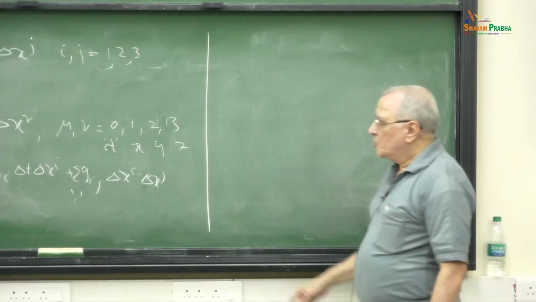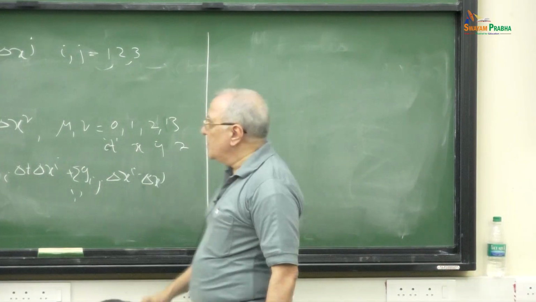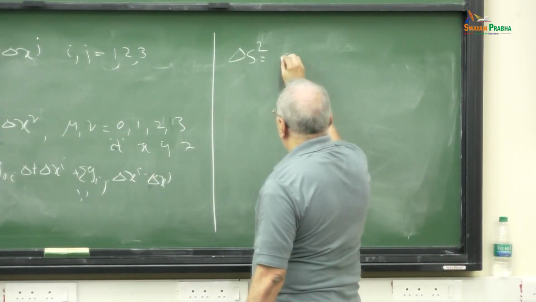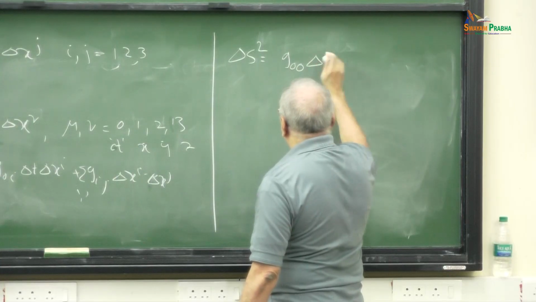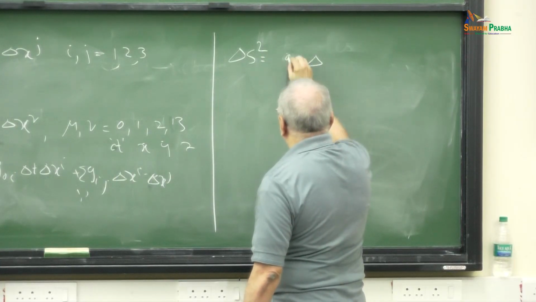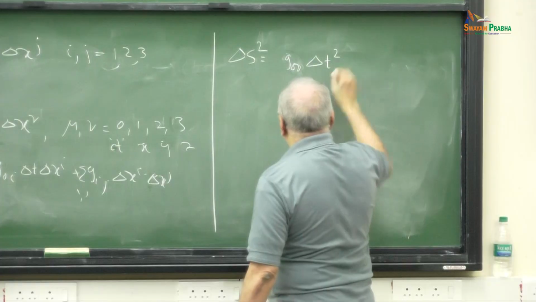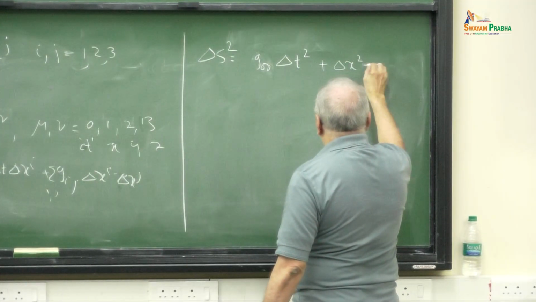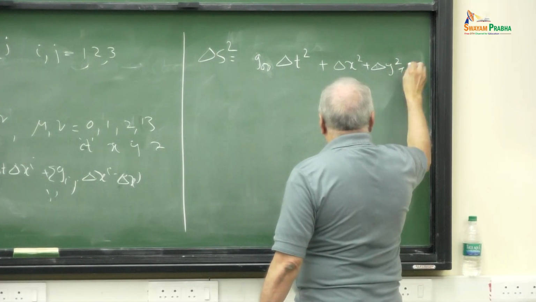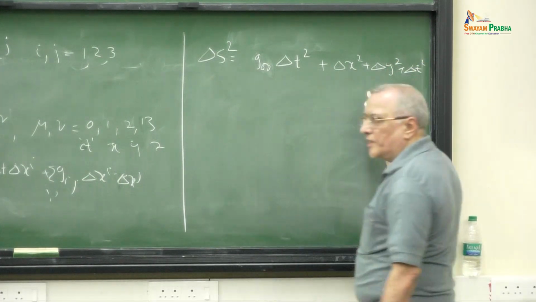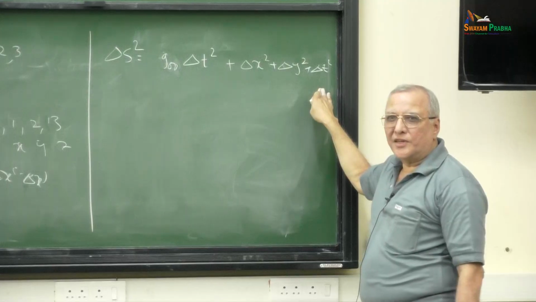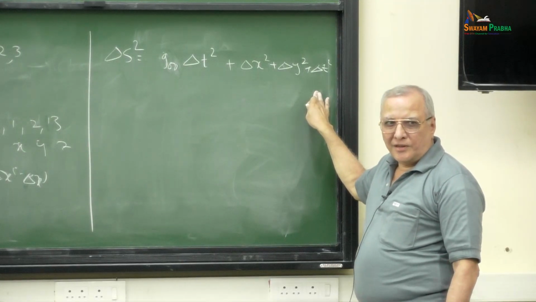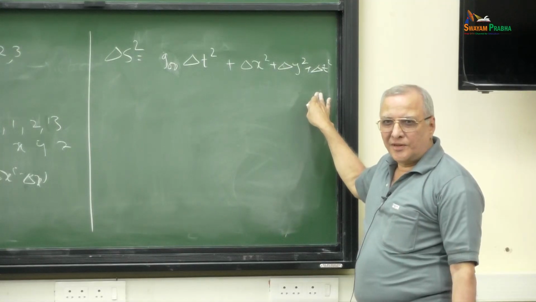The corresponding statement here would be delta s square is equal to g00 delta t square plus delta x square plus delta y square plus delta z square, or delta x1 square plus delta x2 square plus delta x3 square, same thing. Is that okay? x1, x2, x3 same as x, y, z.